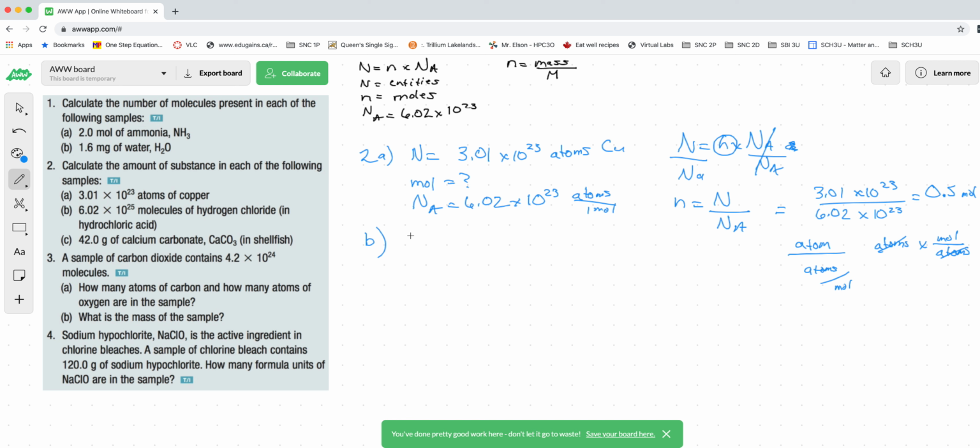So now we have molecules of hydrogen chloride in hydrochloric acid. This one's pretty straightforward as well, only the entities are molecules and we're trying to get to moles. So it's just a straight plug and chug as we did before.